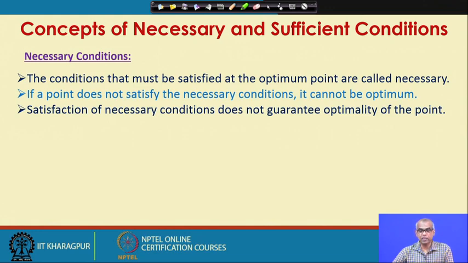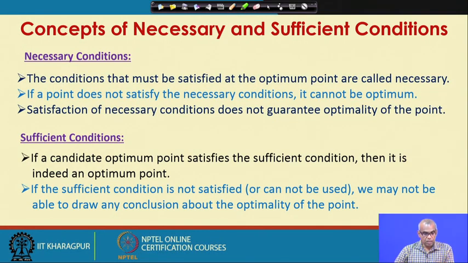If a point does not satisfy the necessary conditions, it cannot be optimum. But satisfaction of a necessary condition does not guarantee optimality of the point. What it means is that there are situations where the necessary conditions are met at a point, but that point may not be optimal. But if the point does not satisfy necessary conditions, the point cannot be optimal.